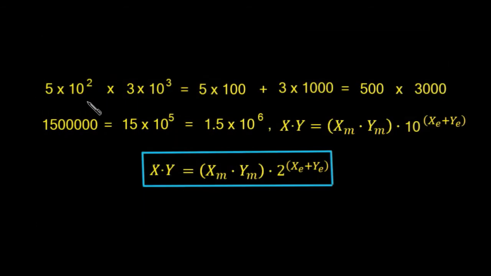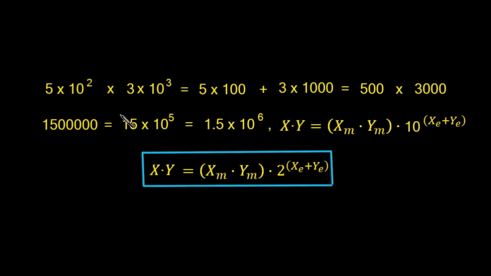Let's say we want to multiply together these two numbers, 5 times 10 to the 2 and 3 times 10 to the 3. Well, 5 times 10 to the 2 is 5 times 100, 3 times 10 to the 3 is 3 times 1000. So that's going to be 500 times 3000, which would give you 150,000. Now we can write that as 15 times 10 to the 5.